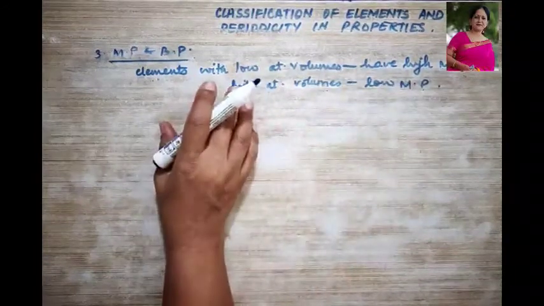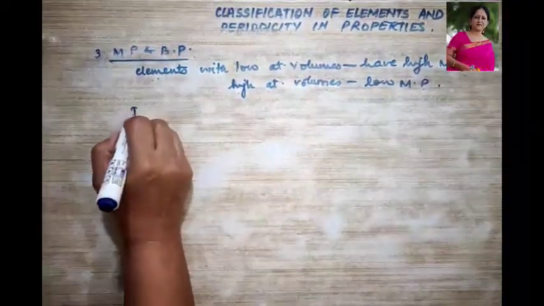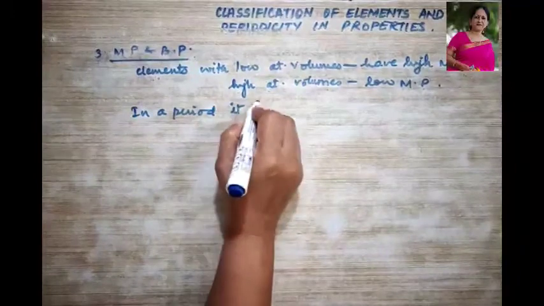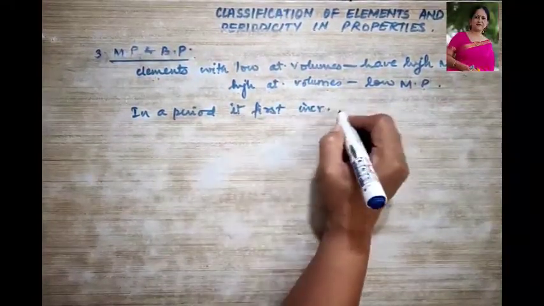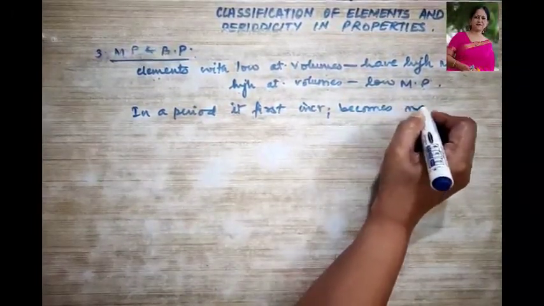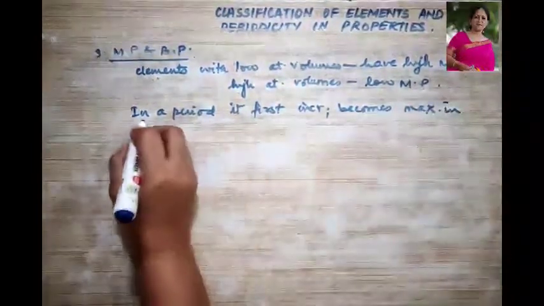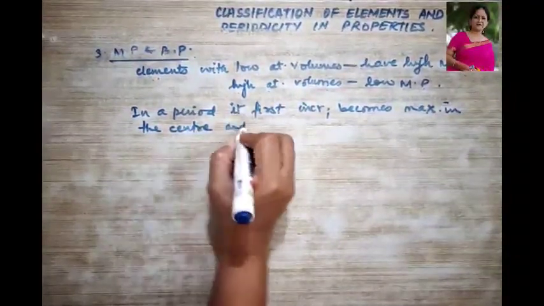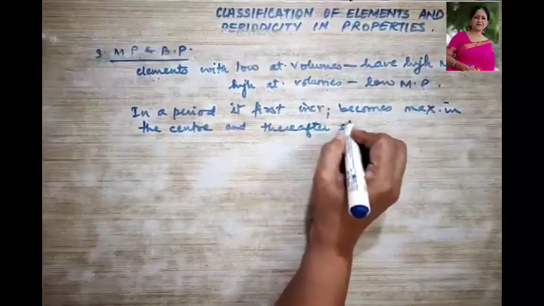Okay, so melting points of elements in any period, at first it increases. In a period, it first increases, becomes maximum in the center, and thereafter starts decreasing.